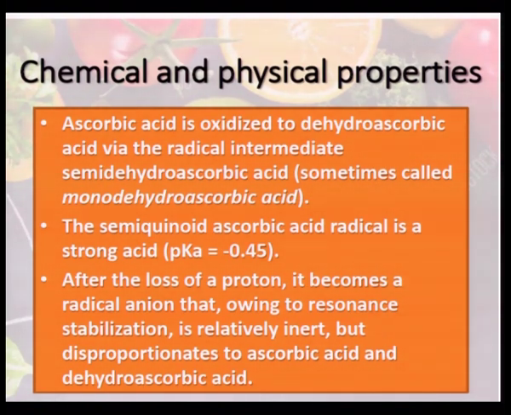So, losing a proton, it becomes an anion, and owing to resonance stabilization, it is very inert because you have a cyclic ring, but it disproportionates to ascorbic acid and dehydroascorbic acid. So, you do have an intermediate compound that eventually becomes ascorbic acid and dehydroascorbic acid. That is why the chemistry of vitamin C is very interesting to study, as we have noticed here.